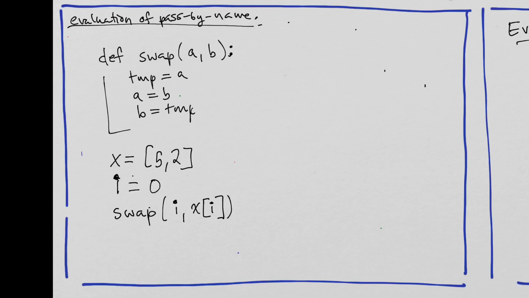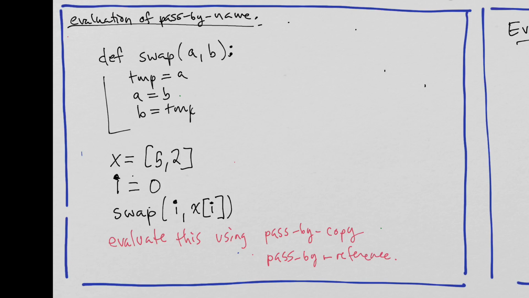I encourage you to go ahead, this is a good practice for you, pause your video, evaluate this using pass by copy, and evaluate this using pass by reference to see how it works.